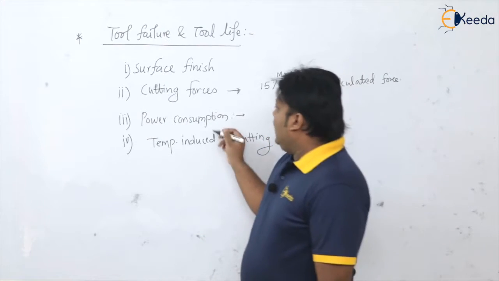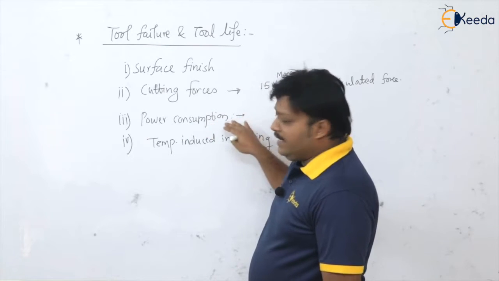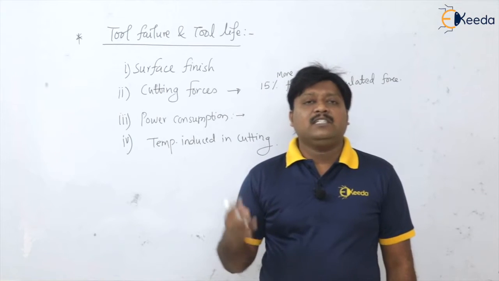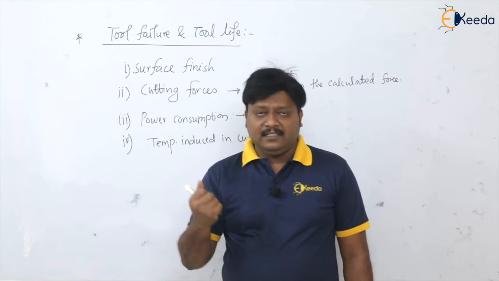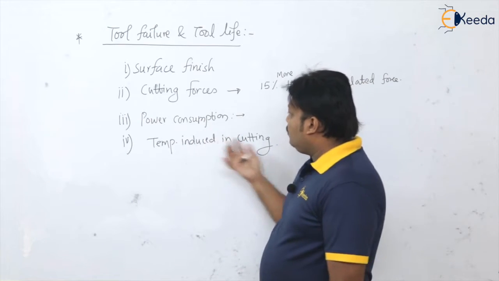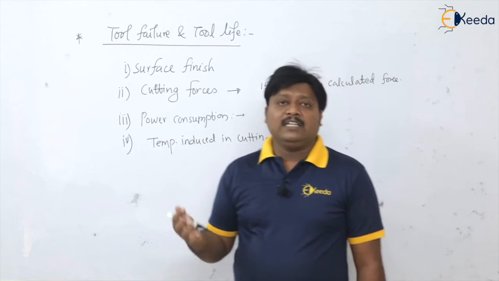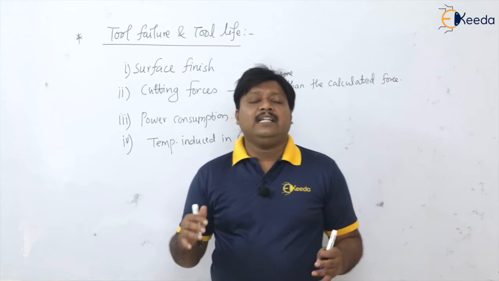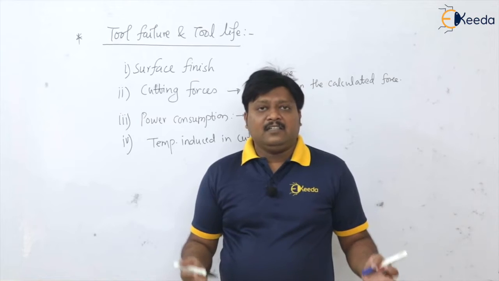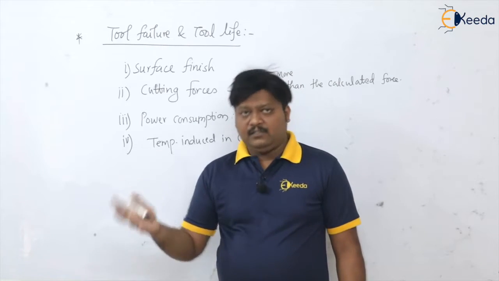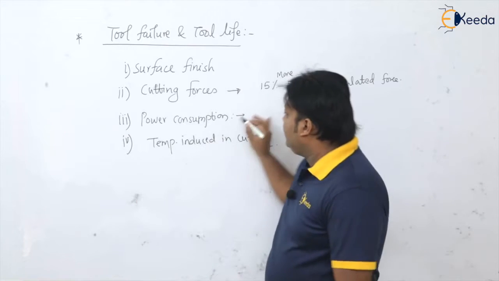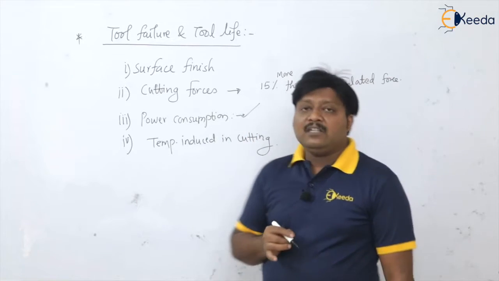So at the input terminal, if you provide the ammeter to measure how much current the motor is taking, and you observe that the current drawn by this electrical motor is more than 15% of the calculated, then of course the motor is taking more current, and definitely it is going to increase the power consumption.